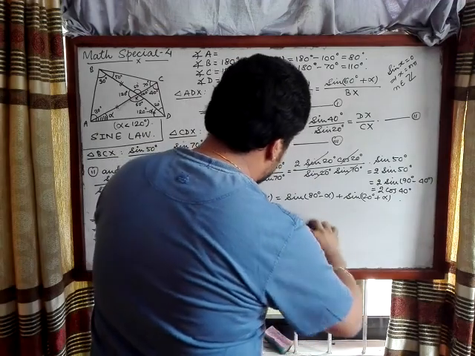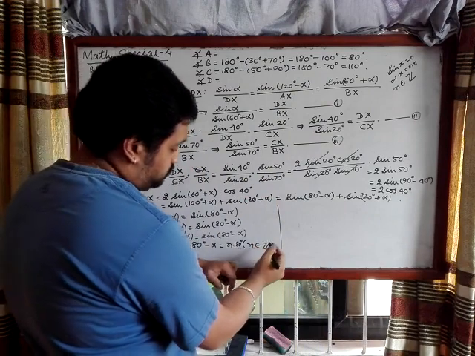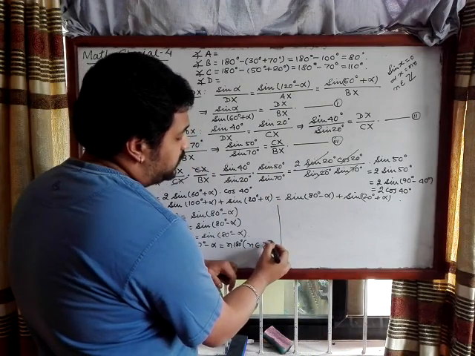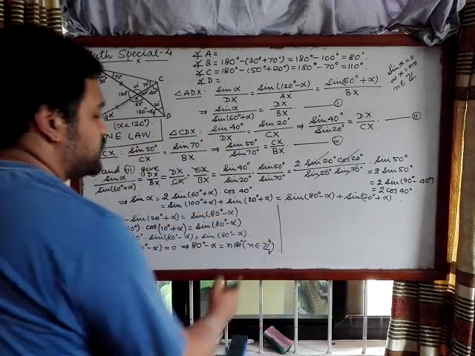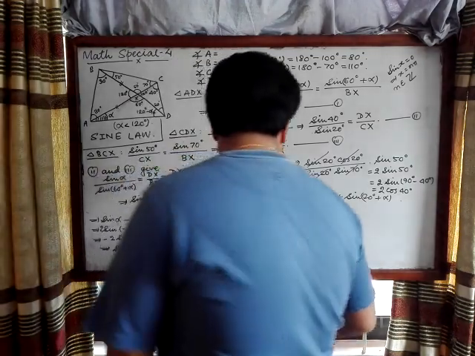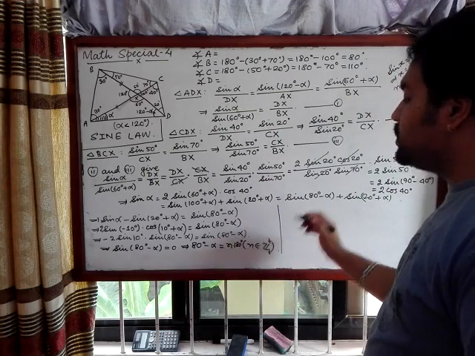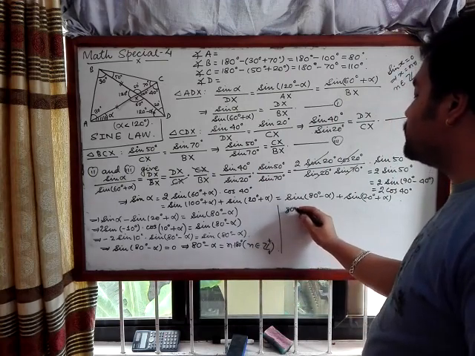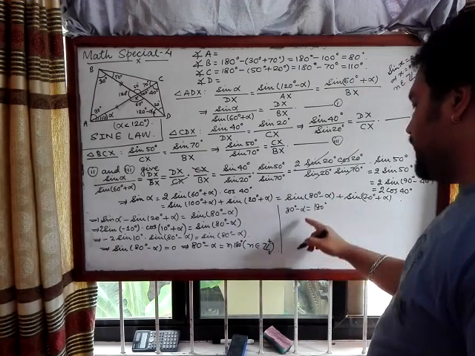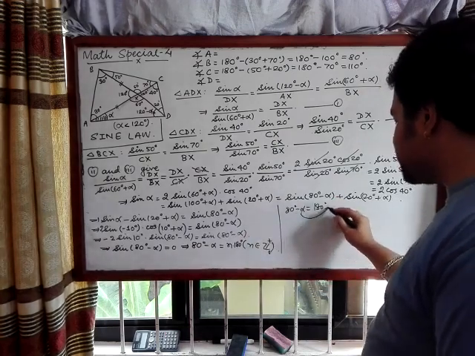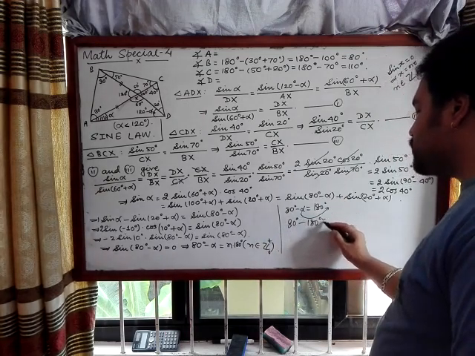Okay, now let's see. So far it cannot be negative integers, so it needs to be either positive integers or 0. Let's take a positive integer. For example, if we take 1, 80 degrees minus alpha is equal to 180 degrees, and if we take alpha to this side, then 80 degrees minus 180 degrees is equal to alpha.